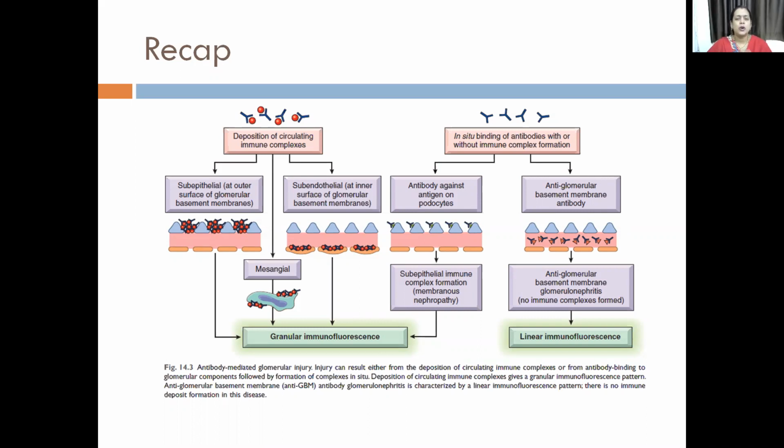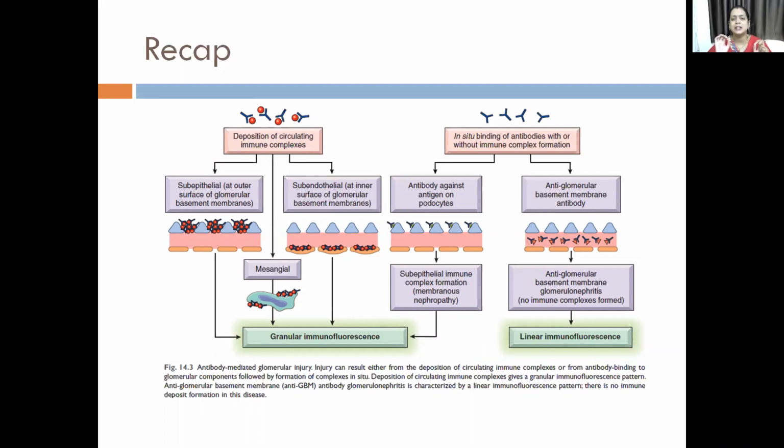So now coming to where this can happen. They can happen either diffusely, that is the entire renal parenchyma is involved, or focally, that is a fraction of the glomeruli in the kidney is involved, or global, that means the entirety of an individual glomerulus is involved, or segmental, when a part of an individual glomerulus is involved.